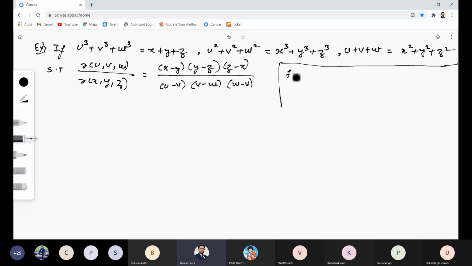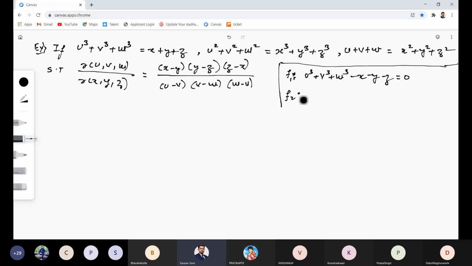What is our f1? u cube plus v cube plus w cube minus x minus y minus z equal to 0.